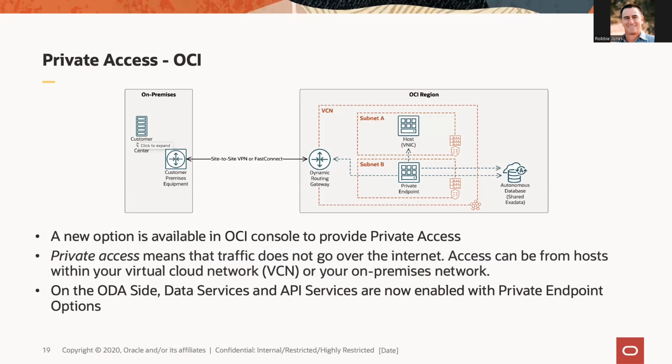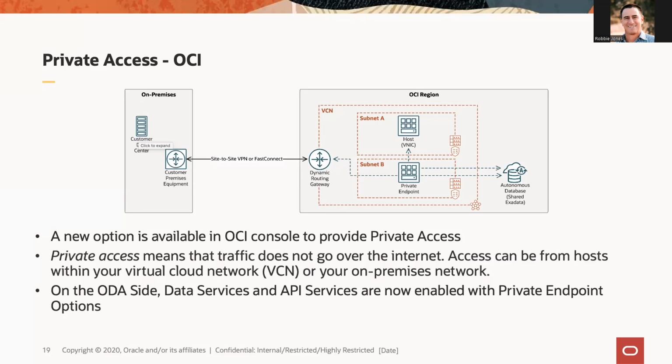So now you no longer need to, quote unquote, open a port in your firewall to allow this type of connection. Access can be from the host within your virtual cloud network directly to your on-premise network. And this is using either site-to-site VPN or FastConnect.